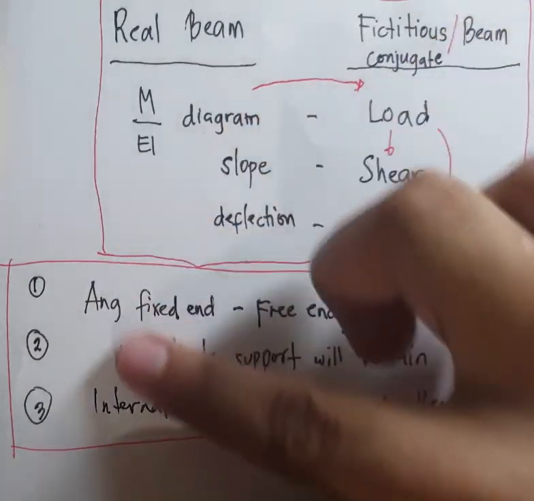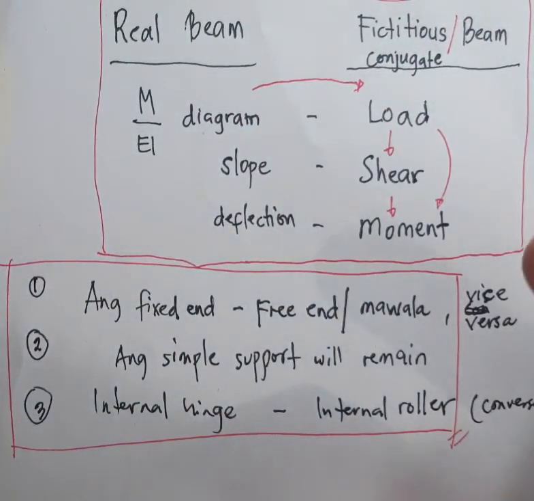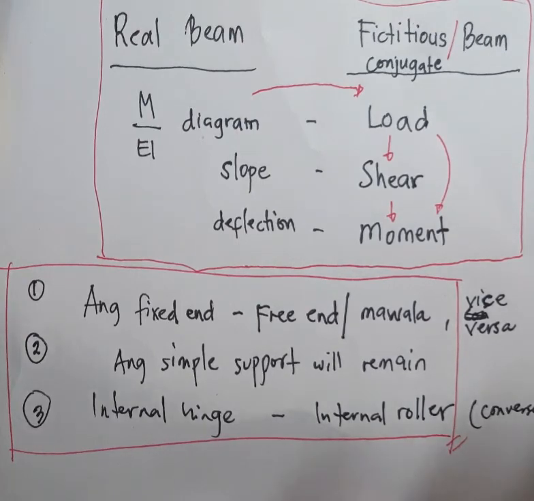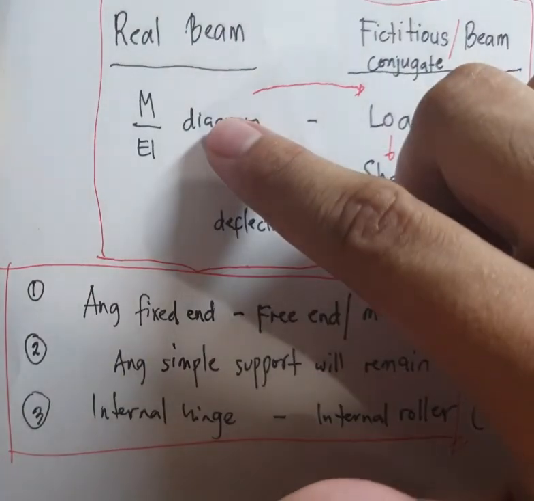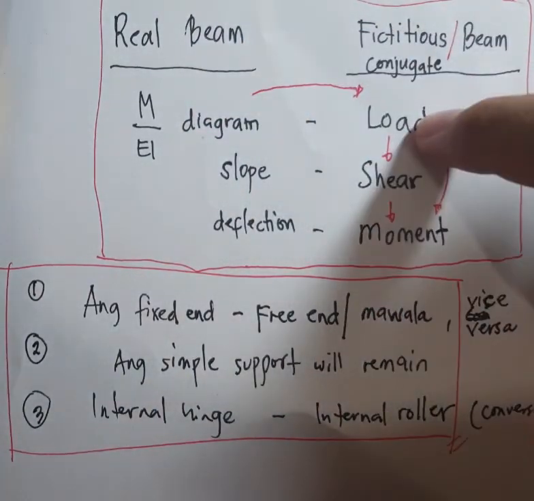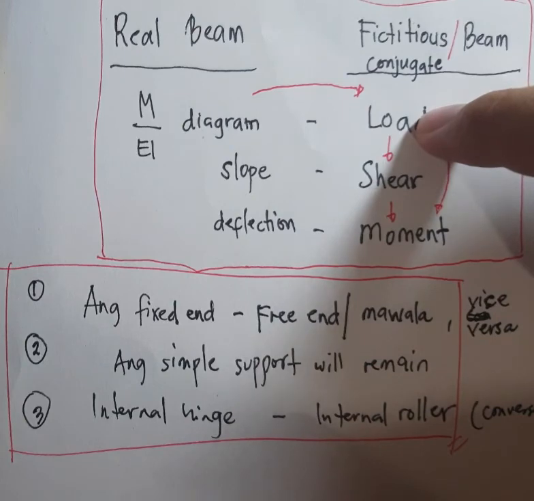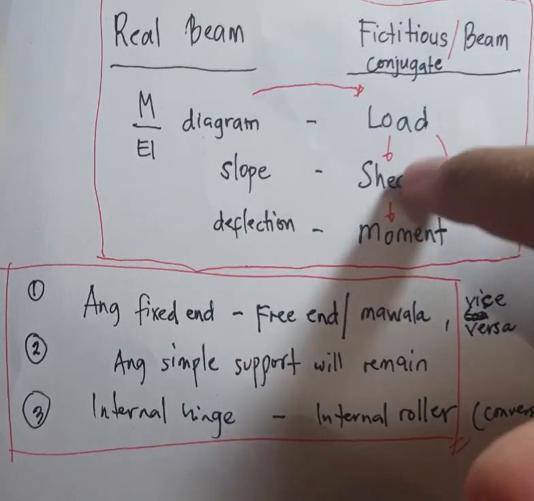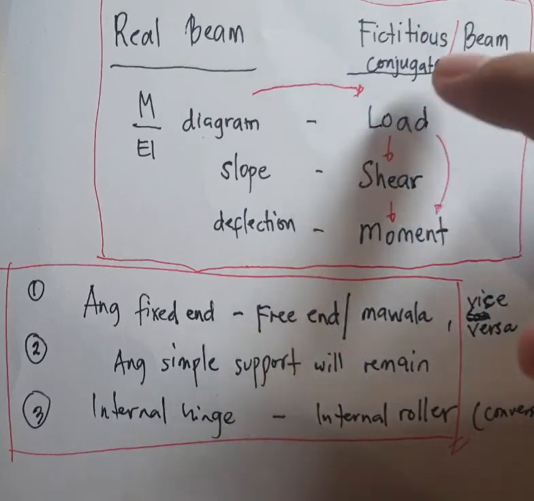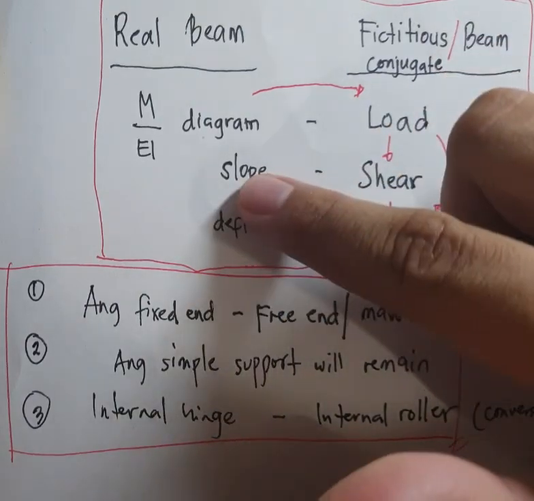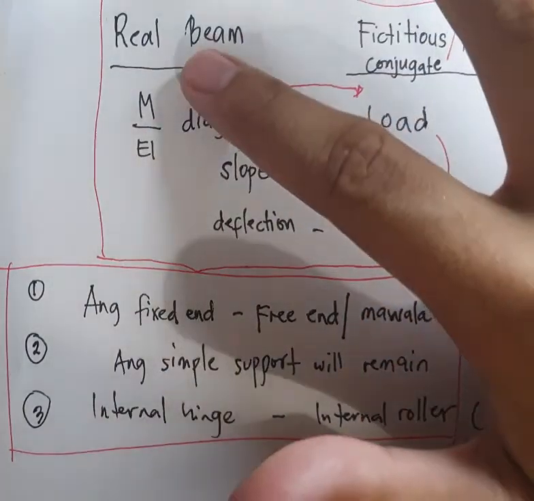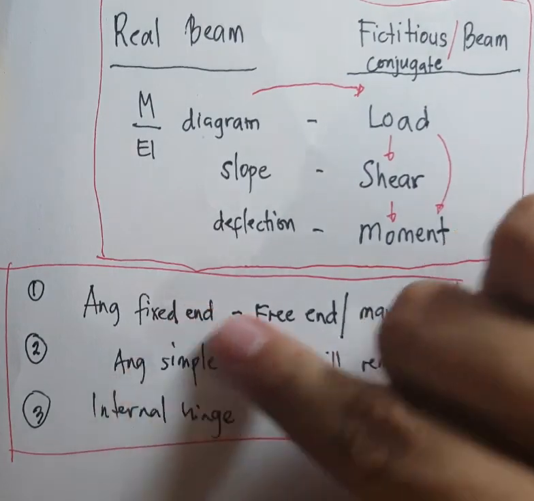Kani mao ra gid ni ang summary sa kataas-taas nga explanation sa conjugate beam method. Okay, I will recall the moment of the real beam will become the load, and then the moment is the deflection, the shear of that beam, fictitious beam, will become the slope. Fictitious beam, so convert nimo ang real beam to fictitious, mao ni ang mga consideration.